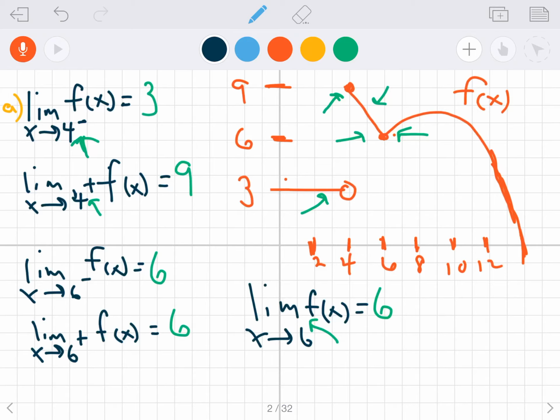Now we have one more question to answer. What about 4 from the left and the right? So let's write the limit as x approaches 4 of this function from the left and the right. What is it? We'll go back to our original answers.